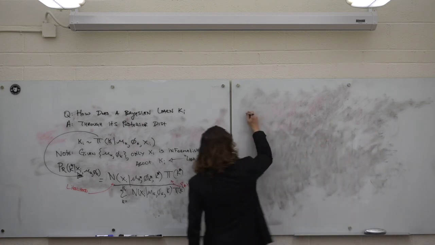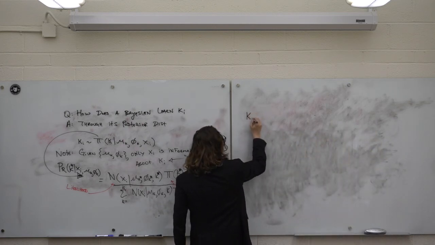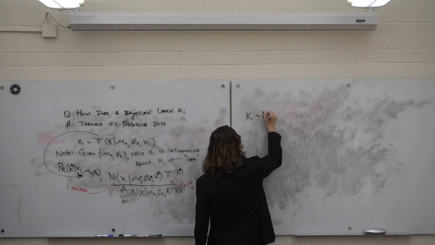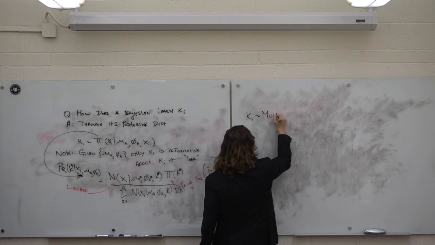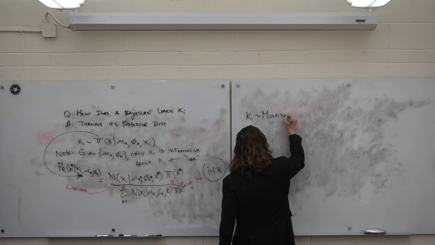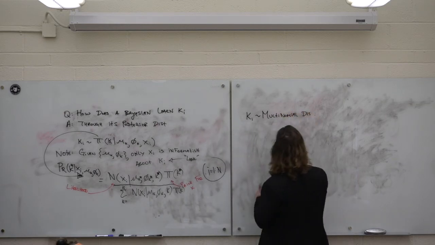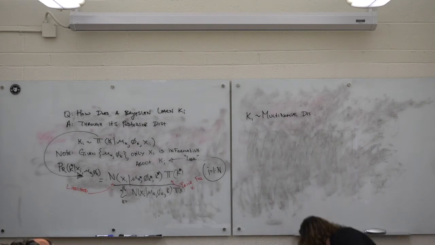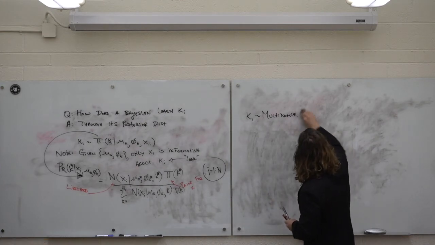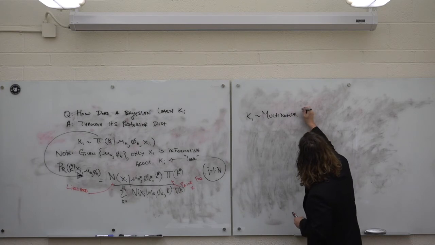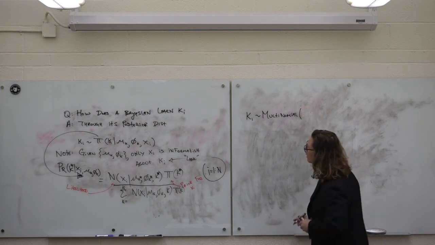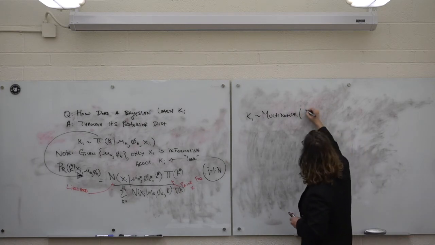So, Ki will be coming from a multinomial distribution. And this would be all of my posterior probabilities.